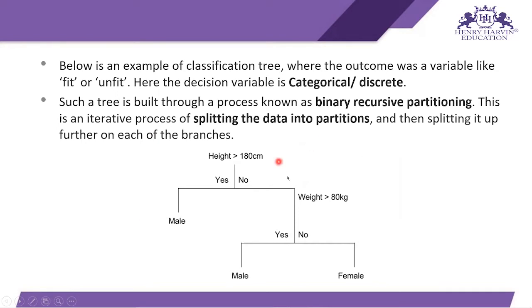So basically here we make a classification tree where we specify that the variable is fit or unfit, male or female, on the basis of some features. So this is a basic classification model which we have made based on some data.